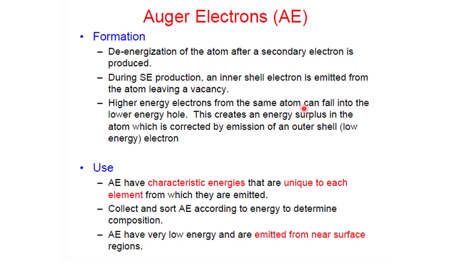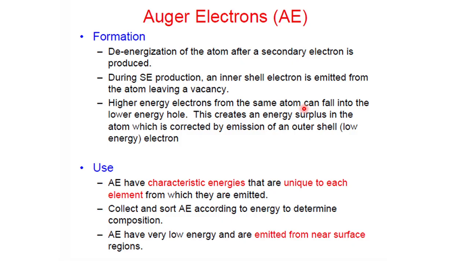Okay. Now what is the Auger electron? Auger electron is the de-energization of the atom after the secondary electron is produced. After the secondary electron is released, to fill the vacancy that is created, an electron from a higher energy level will come back.